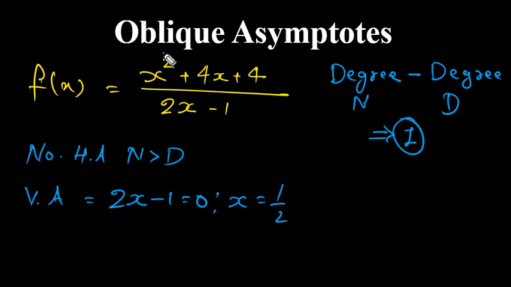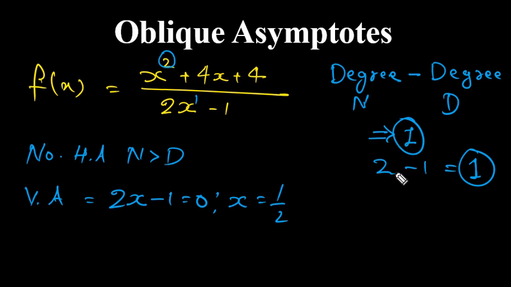If you check here, 2 minus 1 is 1. So this condition should definitely be met. If it is not met, then you will not be able to find the oblique asymptote using the method which I'm going to discuss right now.